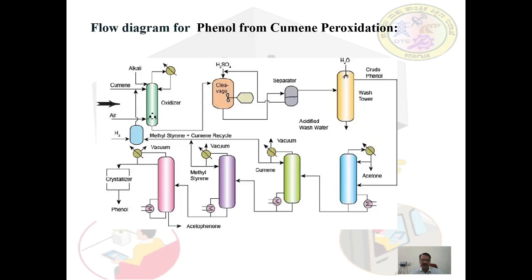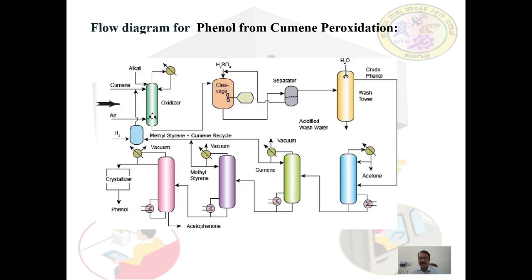The vent gases are passed through a condenser to recover the hydrocarbons. The cumene peroxide thus formed is cleaved in an acidifier containing 10 to 25% sulfuric acid.